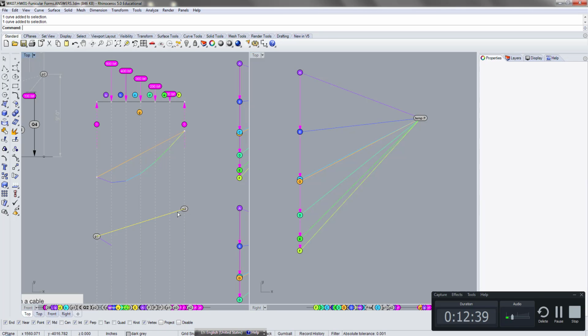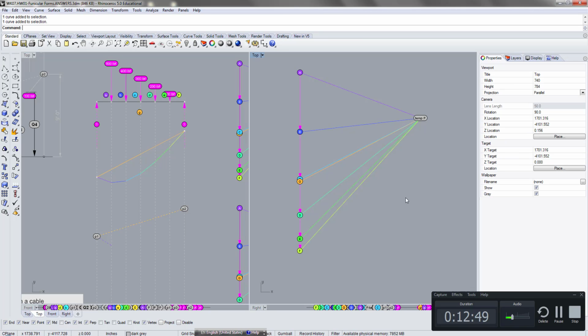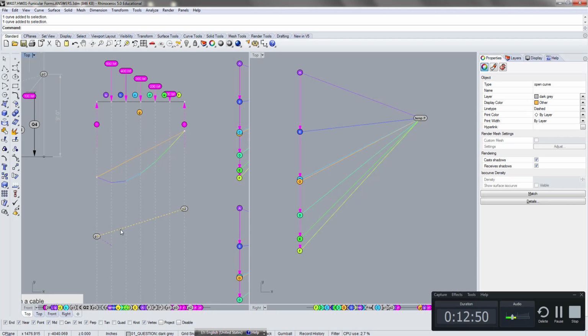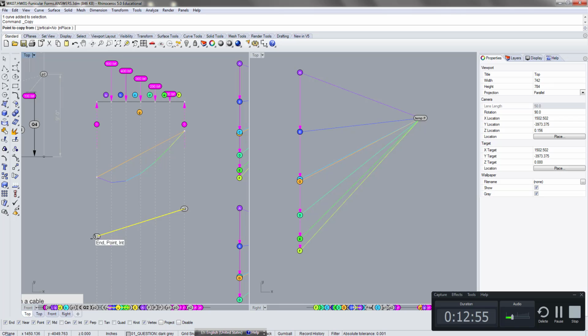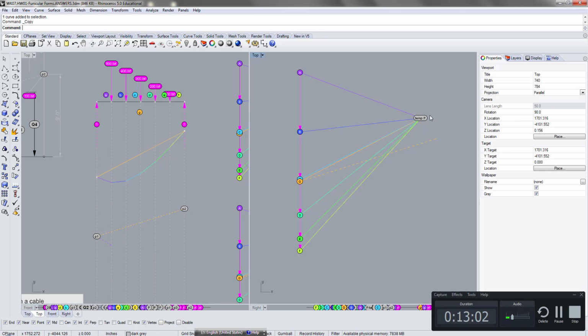So maybe let me change these to dashed lines so we see the difference. First I'm going to move this closing line and attach that to point G, because what we know is we're moving point P, right?